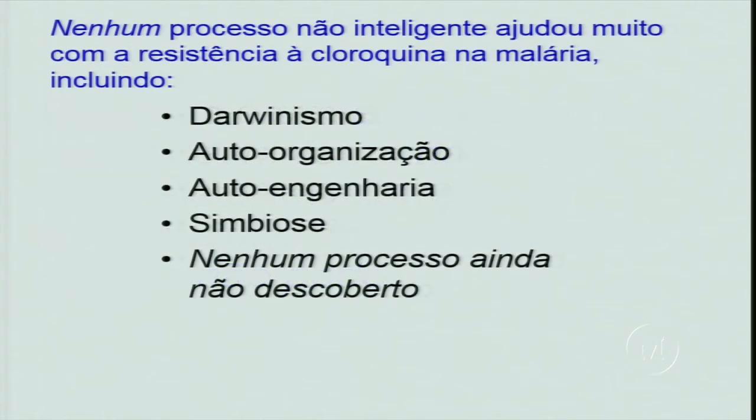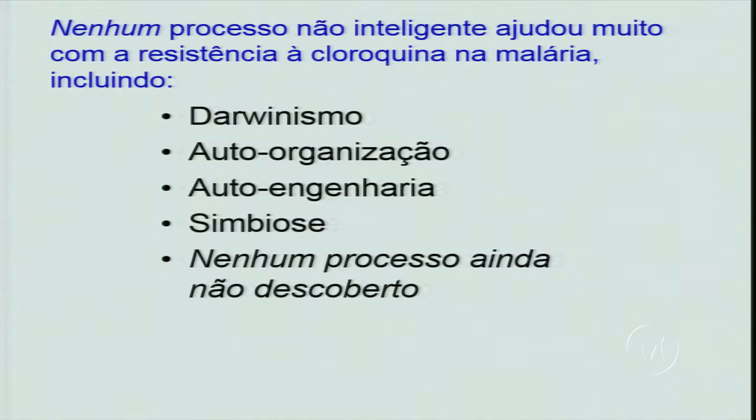And it's interesting to note that sometimes people say that Darwin's theory is not the only idea in evolutionary biology today. Why, we've got self-organization, we've got all sorts of different things. But in nature, nobody was telling the malaria what to come up with. If it could self-organize, if it could self-engineer and come up with a better solution to the problem of chloroquine, it was free to do so.